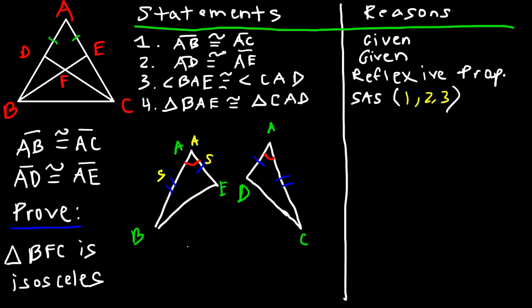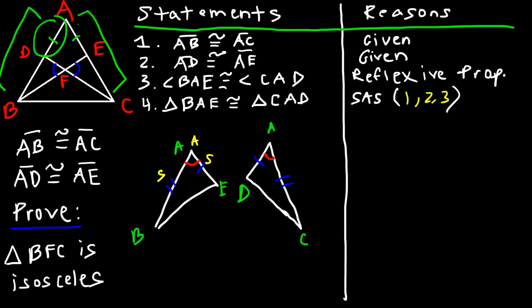So now that we've proven that those two triangles are congruent, what else do we need in order to establish that these two triangles are congruent? Well, let's see what we know. We can clearly see that these two angles are congruent. They're vertical angles. And we also know that segment AB is congruent to segment AC.